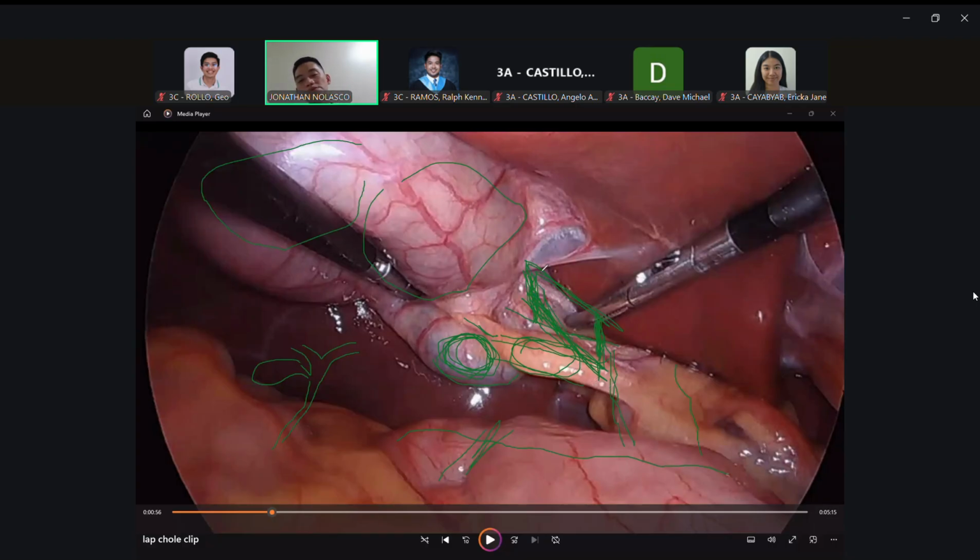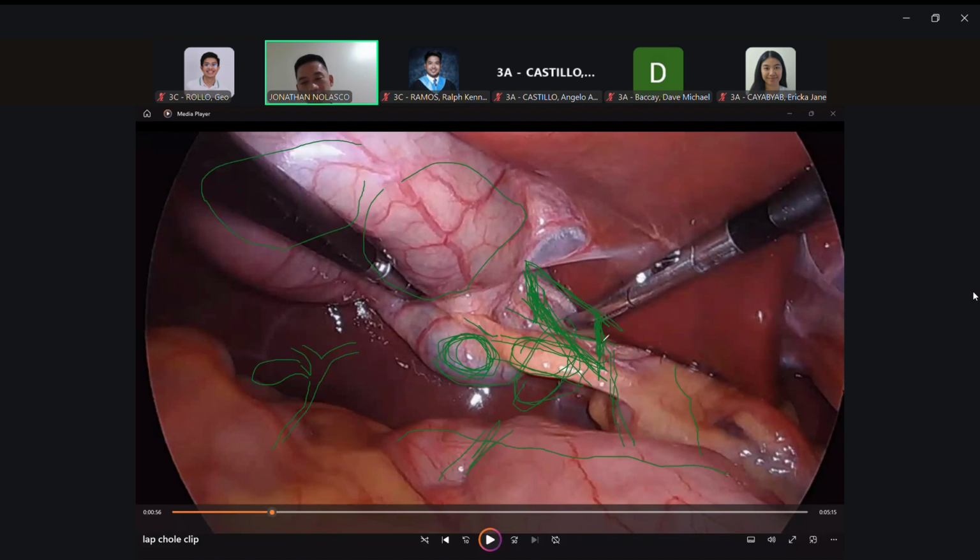Some people call it the triangle of Calot. And that means that's where the instrument goes through so that it can pass behind and loop around the cystic duct and we can clip or tie this. And this is supposed to be what we transect and not any part of the bile duct.